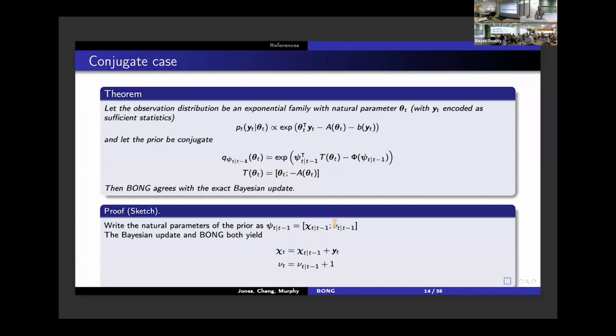You just get incremented by one, and the data just get added into the other half of the natural parameter. This is the Bayesian update. The Bayesian update is just addition of natural parameters, and it's also exactly what BONG does.